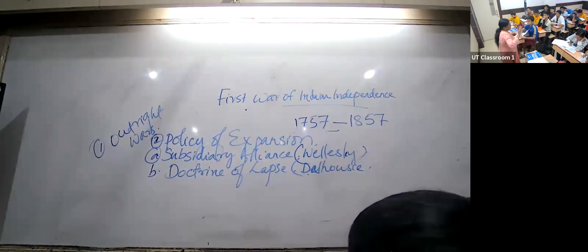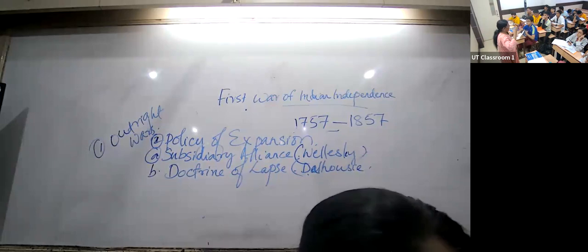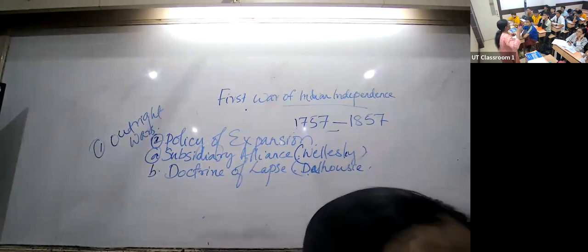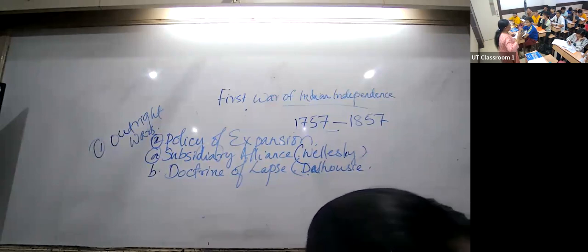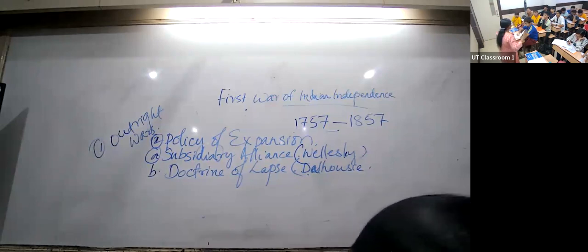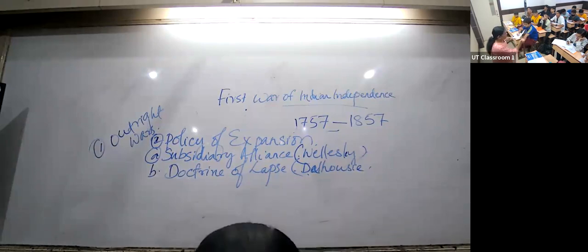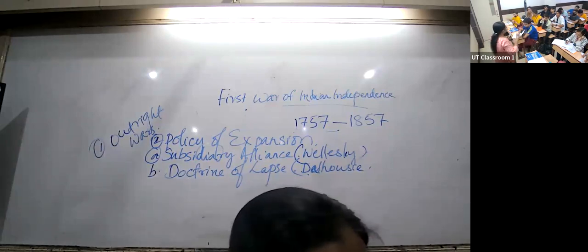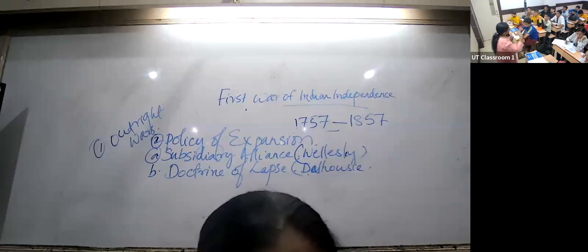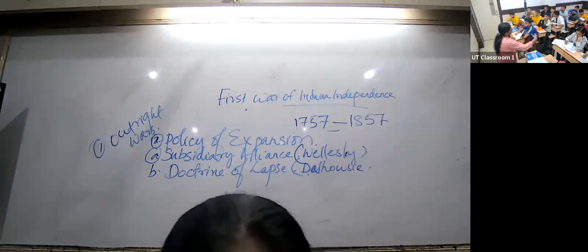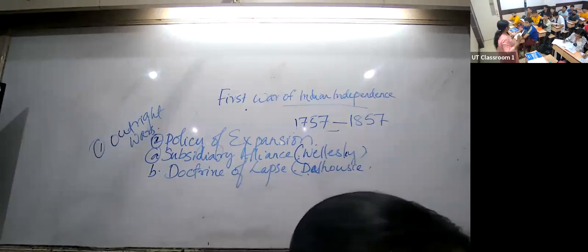Now, in what condition is that territory annexed? If the king died without a natural heir apparent, a natural son or male son. Earlier, the king used to adopt a male son from the family, and after the death of that king, the kingdom would go to the adopted son.